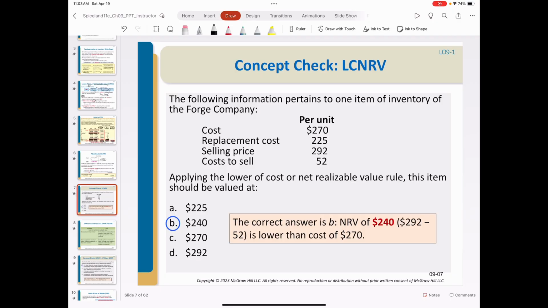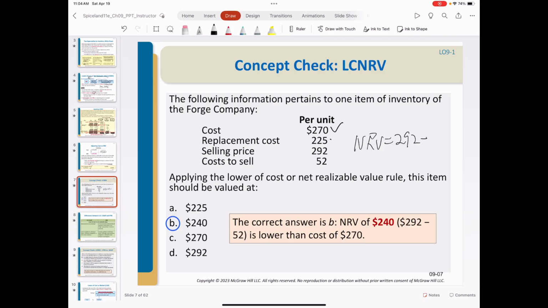We are asked to apply lower of cost or NRV. We have the cost, replacement cost, selling price, cost to sell. We need to first calculate what's NRV. The NRV, remember, is estimated selling price, subtract cost of completion, disposal, and transportation.